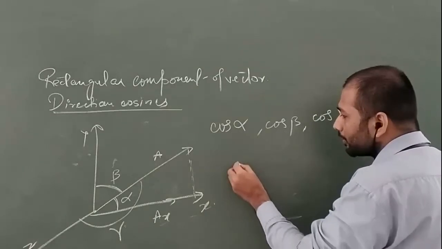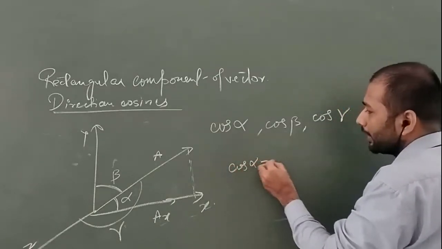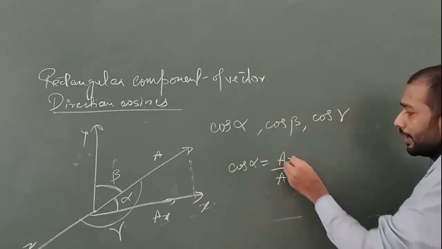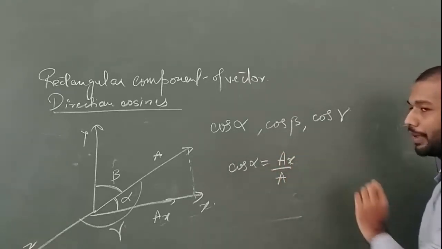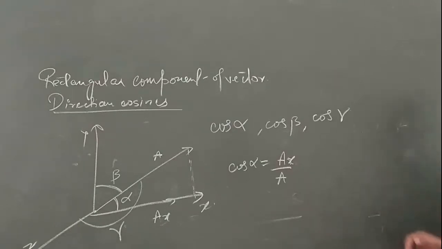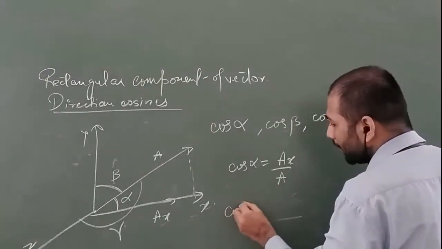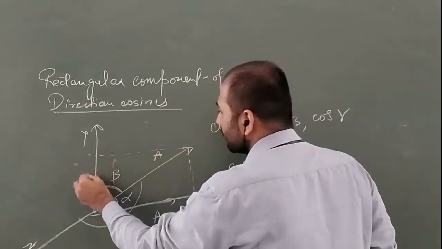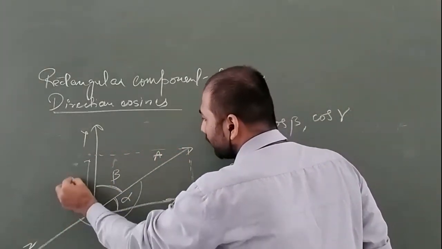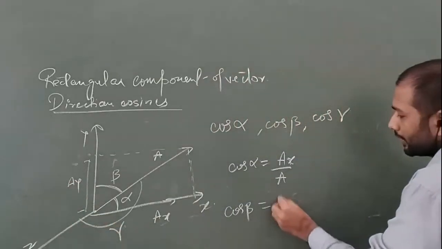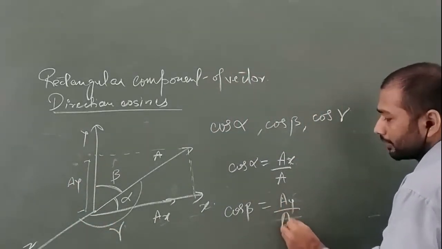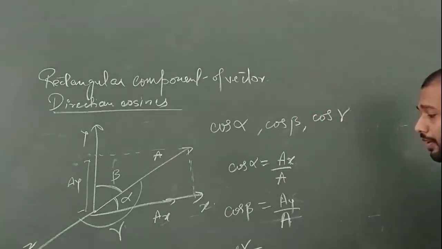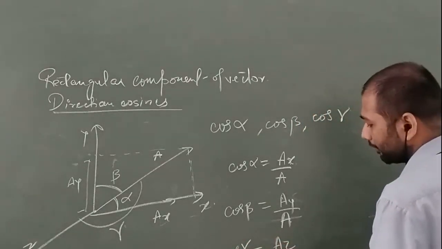So you can simply write cos alpha given by Ax upon vector A, and these are magnitudes that we are using. Similarly, you can write cos beta, which is given by Ay upon A, and cos gamma will be equal to Az upon A.